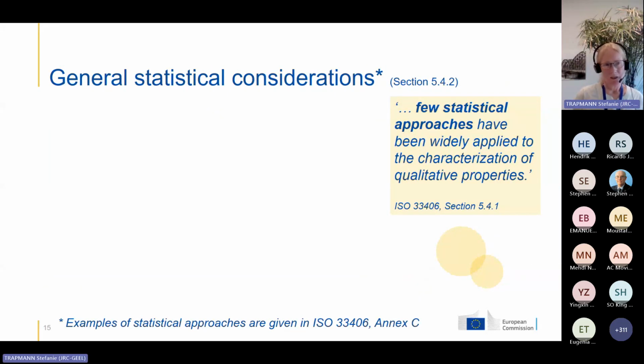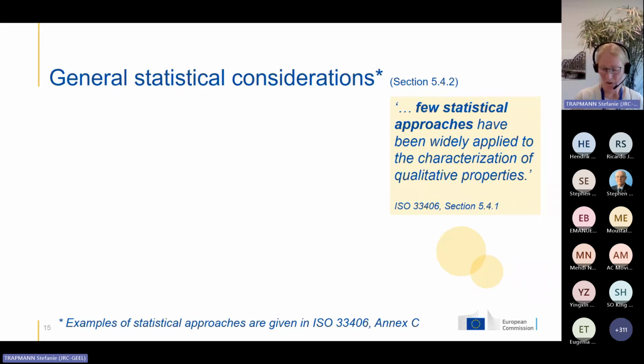The document ISO 33406 also lists some general statistical considerations, while at the same time clearly saying that only a few statistical approaches have so far been widely used for the characterization of qualitative properties.